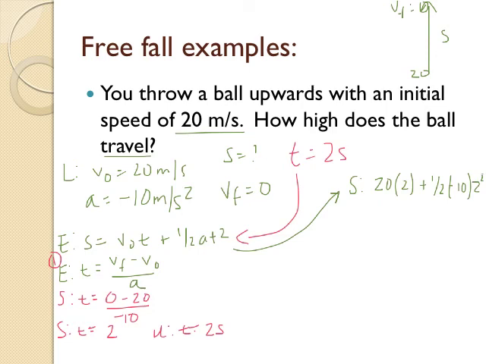Okay, so this will give us 40, and then plus negative 5 times 2 squared, which would be 4. So we'll have 40 minus 20, which gives us 20. And our unit, since we are solving for distance, is 20 meters.